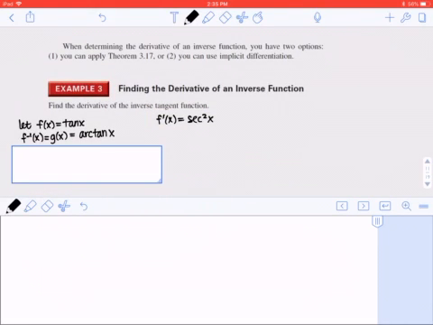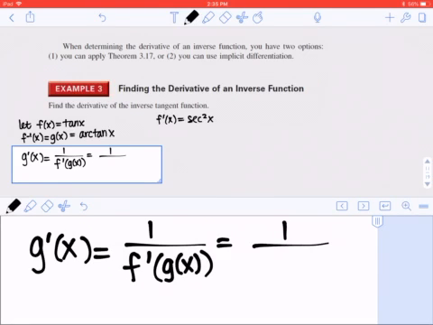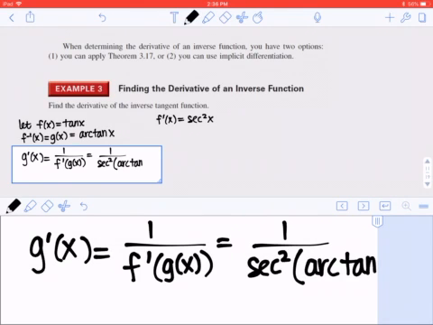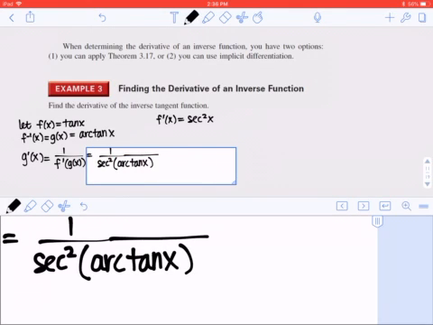So then we would know that the derivative of the inverse function has to be 1 over f prime of g of x, which in our case looks like 1 over secant squared of arctan x, if I'm replacing g of x with the inverse function.